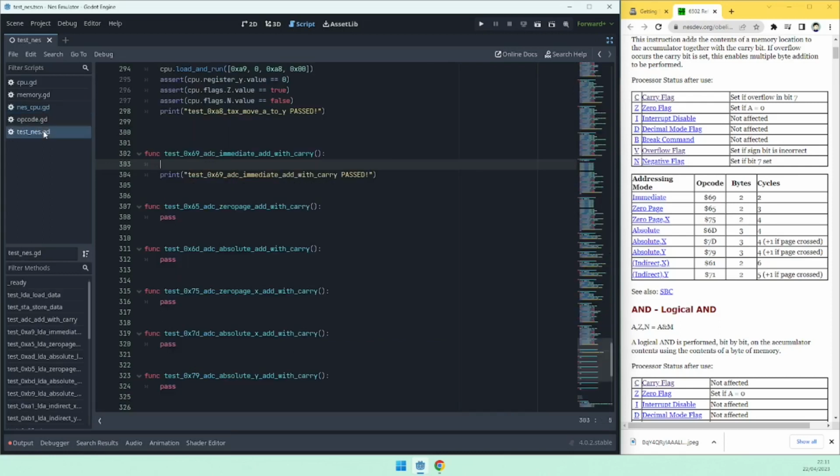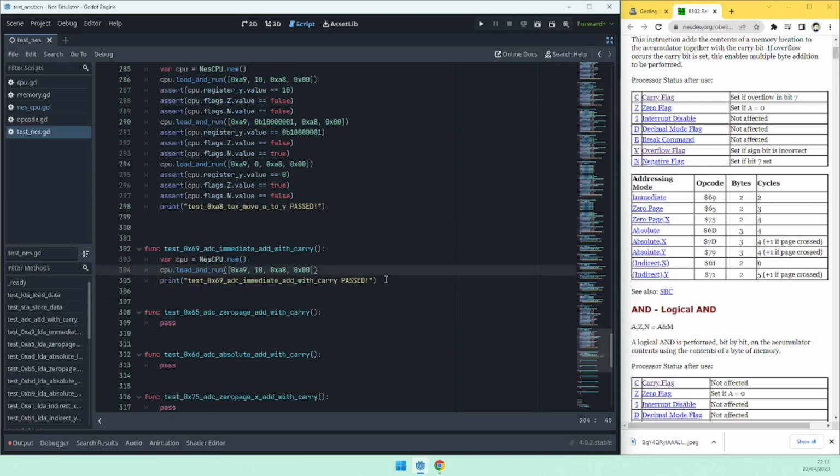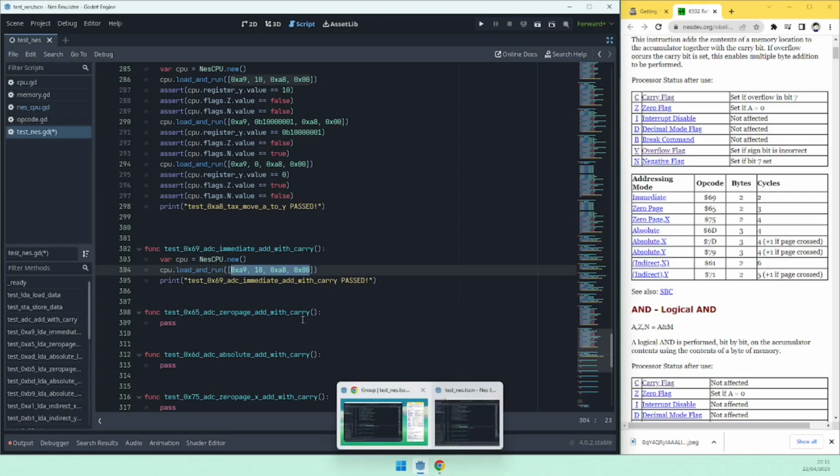But I already created different test functions, so let's go. So let's create a new CPU and function, and let's start it. So let's use this table.